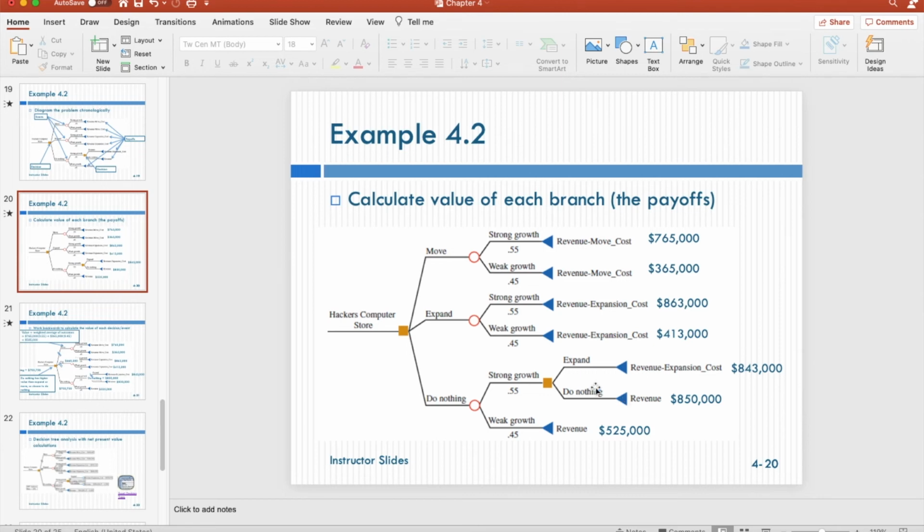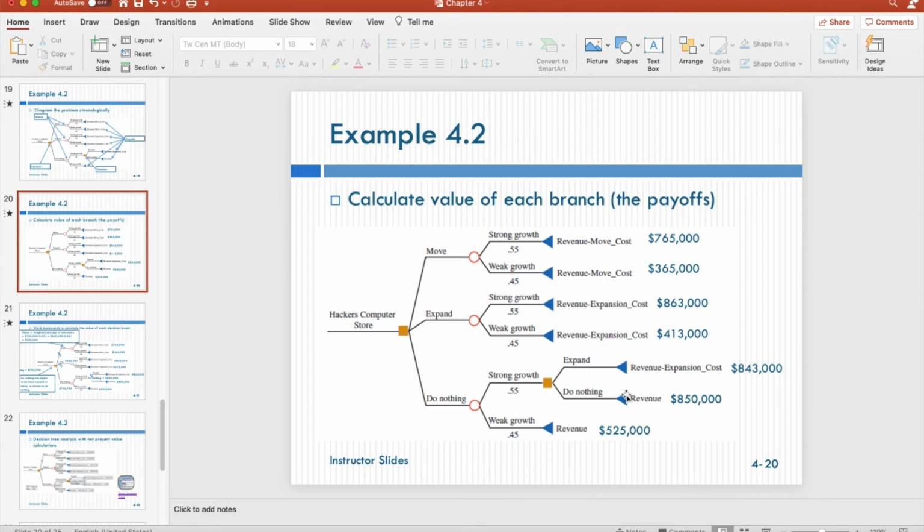Remember that here this is a square. The square represents your decision node. You can decide whether to expand or do nothing. So between expand or do nothing, which way should you choose? The core criterion is that if I choose this way, it will give me more profit, I would definitely choose this one.